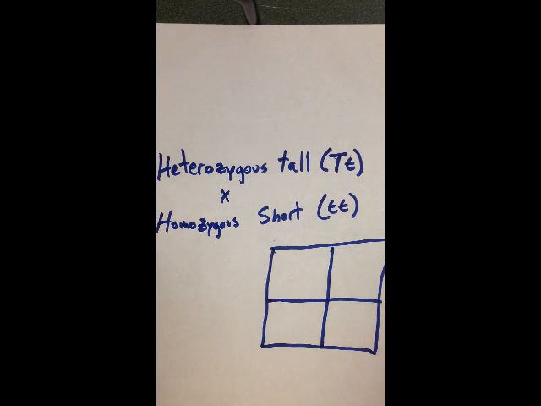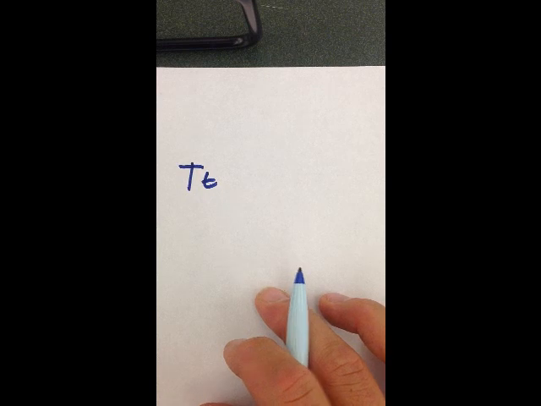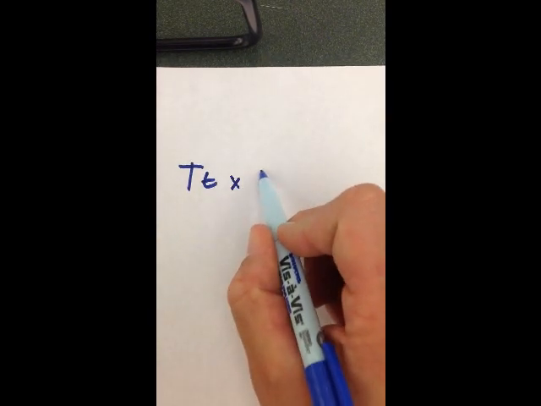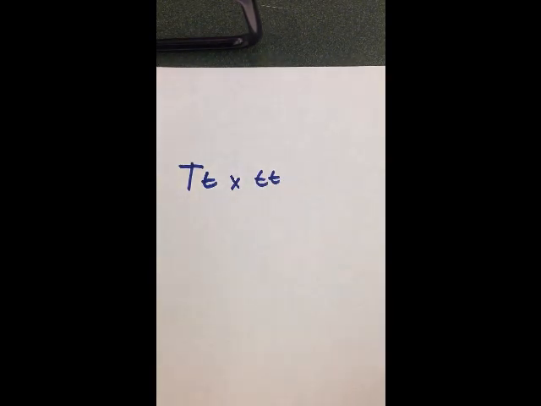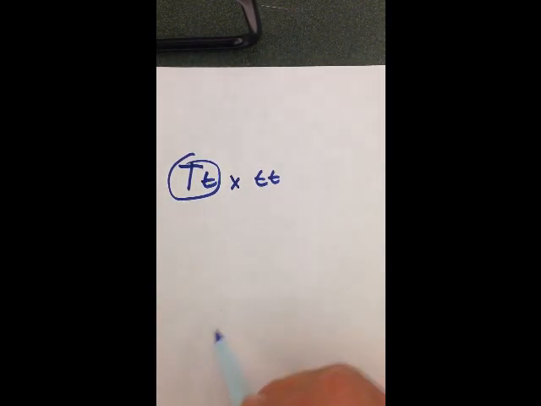We would then take these parents and we would put them into our Punnett square grid. And the way we do this is we would take, let me redraw this. If we have one parent, big T, little t, this is the heterozygous parent, crossed with a homozygous short plant, we would take one parent and we would split their genes up, because this is what meiosis does.